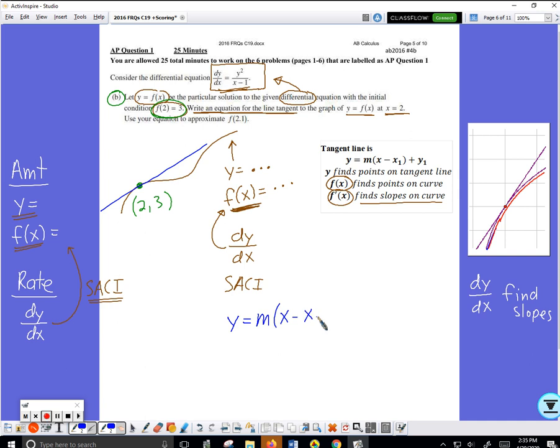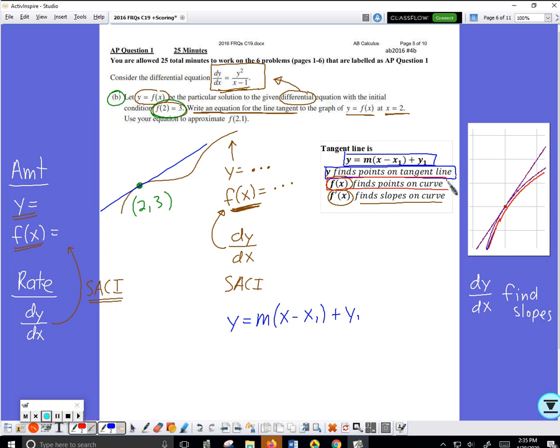So this is yet another problem where you've got to keep track of the fact that you've got an equation for a line tangent that finds all the points on that tangent line. You've got an equation unknown at this juncture for finding all the points on the curve.